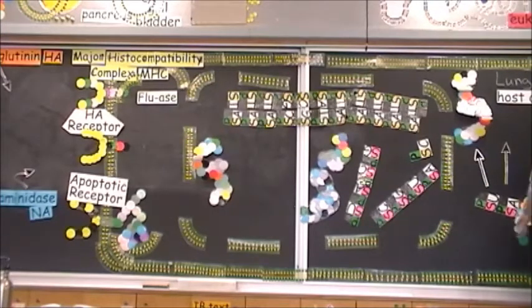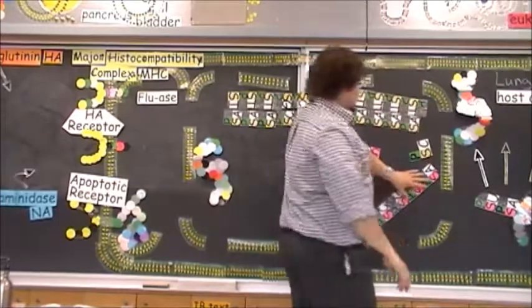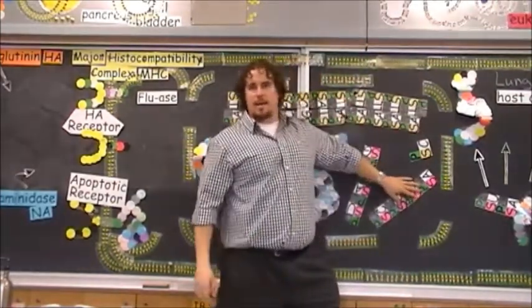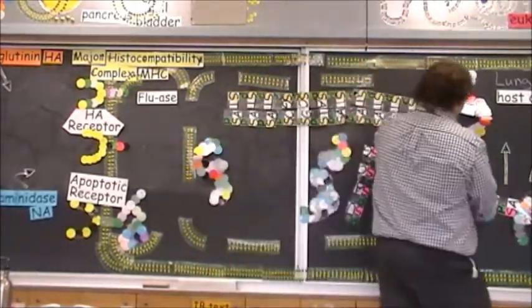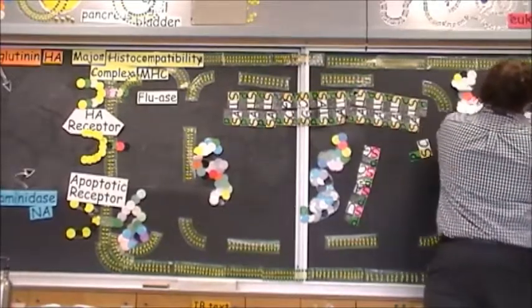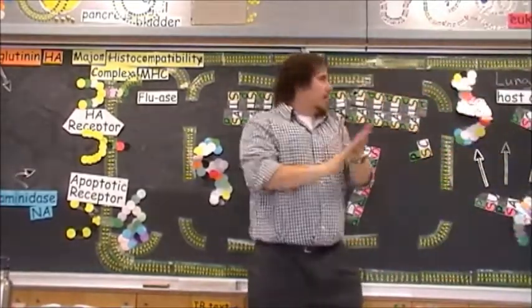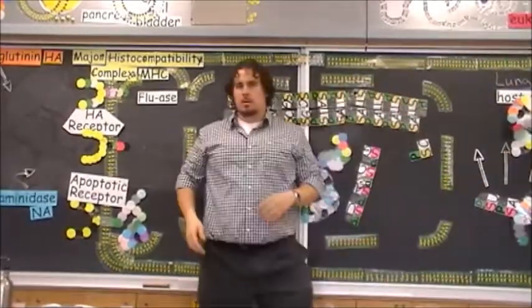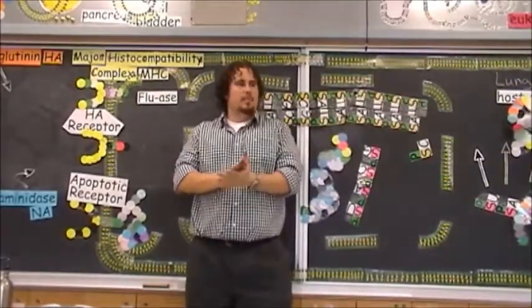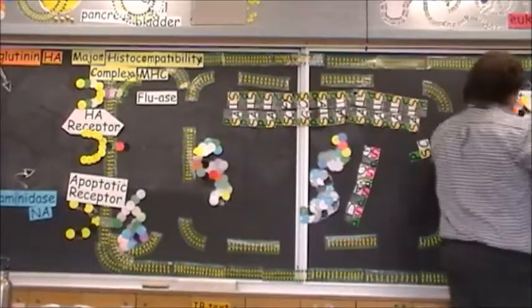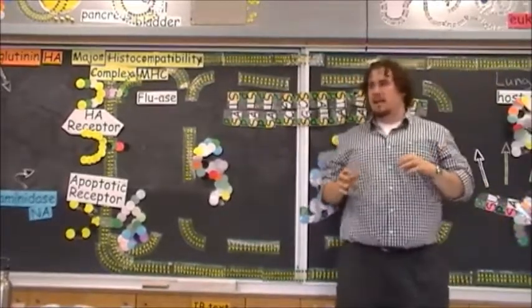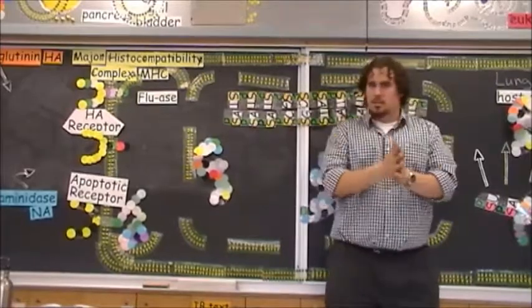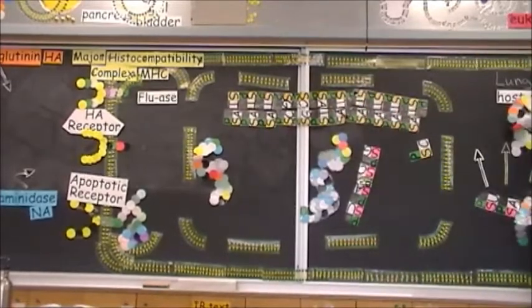Also, some of the viral RNA is going to be transported out of the cell, attaches to the fluase, and this is how we create a new virus in a process called budding out.